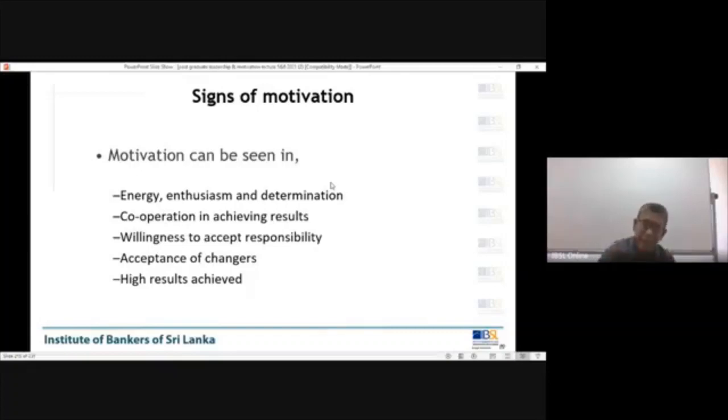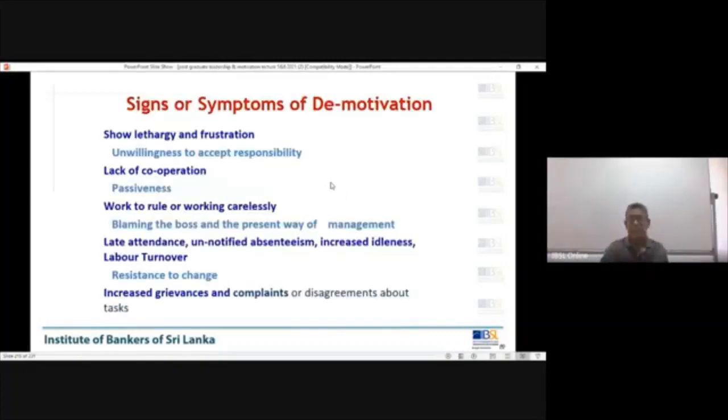What are the signs of demotivation? Lethargy and frustration, unwillingness to accept, the opposite of the others. Lack of cooperation, passiveness, work to rule or working carelessly, late attendance, unnotified absenteeism, increased idleness, labor turnover, resistance to change, blaming the management and the boss. Those are some symptoms of demotivation, right?